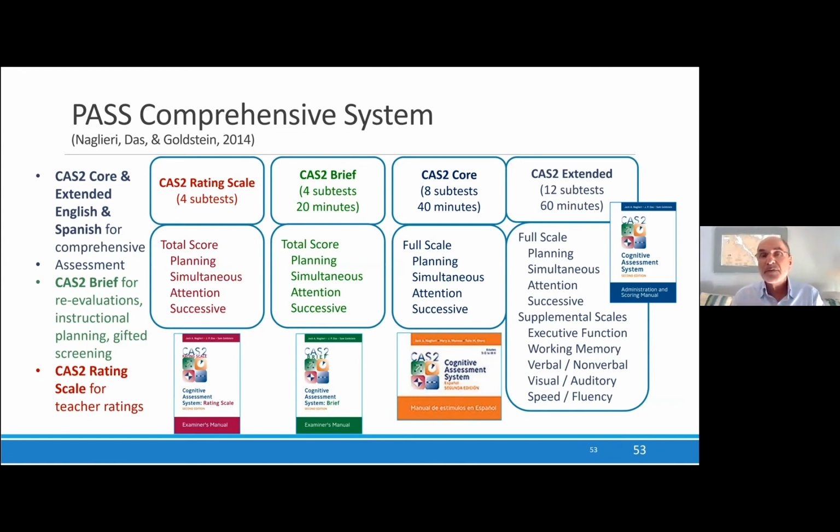We have a brief version, which is very good as a screening tool, or when you just need 20 minutes, you want to get a quick look at a kid, find out what's going on, and then the rating scales. So these are the various options based upon, you could think of it as where you are in tier 1, tier 2, tier 3, or what kind of needs you have.